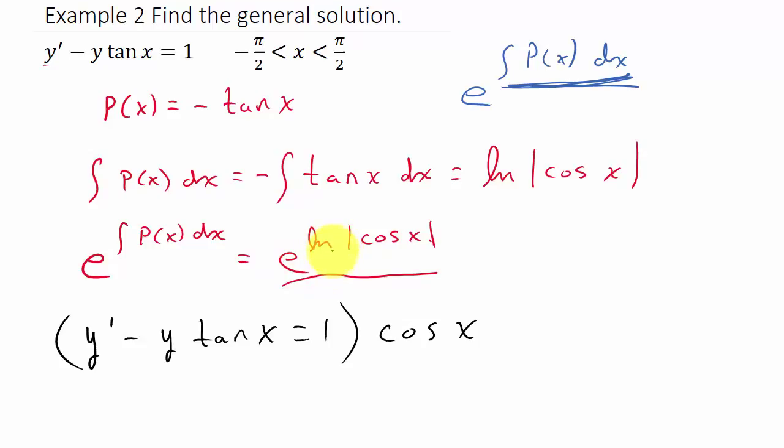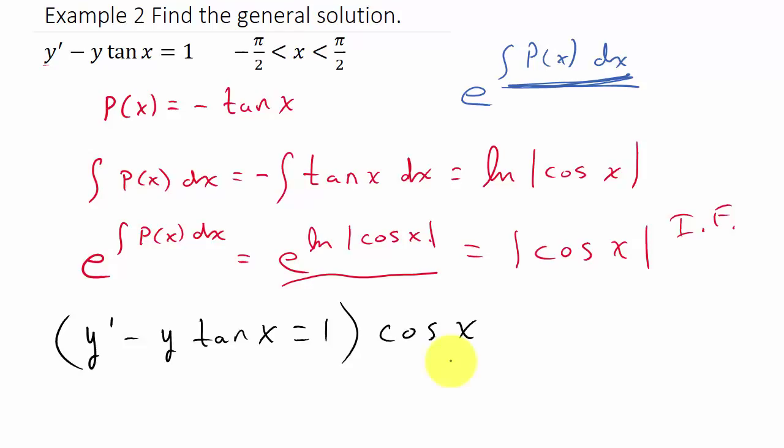Remember, natural log is understood to be base e, and so that would be natural log cosine x, my integrating factor. Sorry about that. Alright, so I'm going to multiply the standard form of the differential equation by my integrating factor. Alright, so what happened to the absolute value symbols? Where did that go?